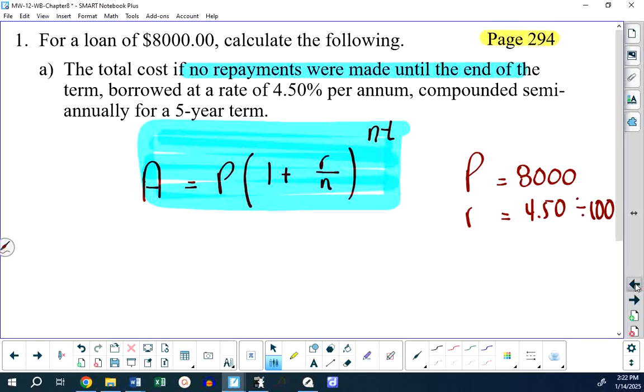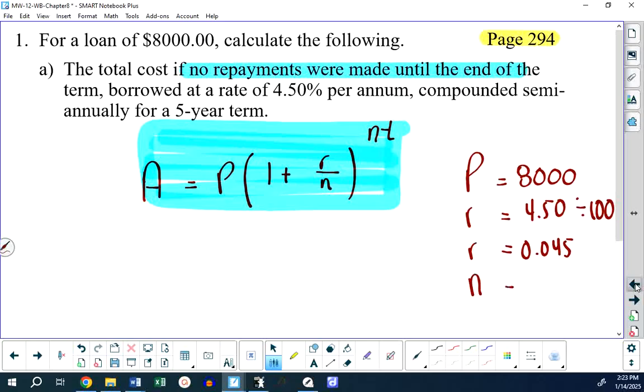And some of you will make a mistake here. You'll just move that decimal place in your heads, and you might say 0.45, or you might say 0.0045. Use your calculator just to make sure. Can you confirm for me that you get 0.045? Okay. So that's R.